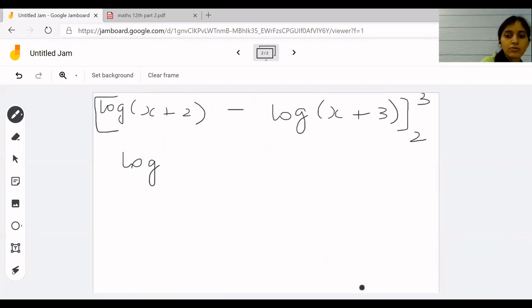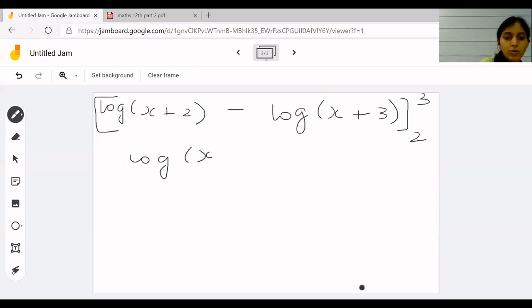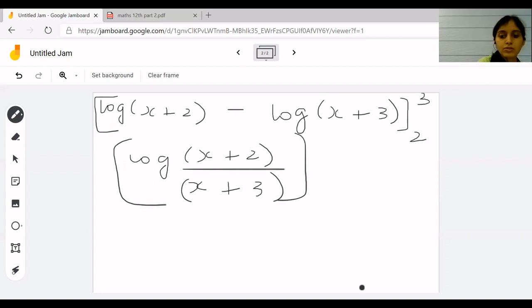So this will be log of 3 plus 2 minus log of, or even better, this can be written as log of x plus 2 upon x plus 3, right? Now this we'll apply the limits 2 and 3.